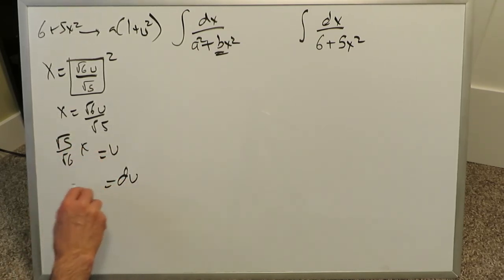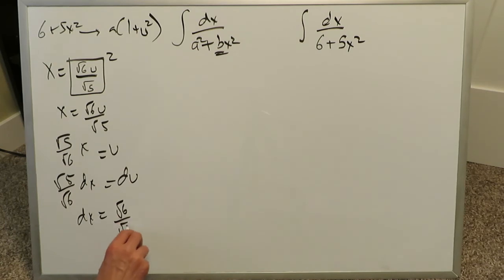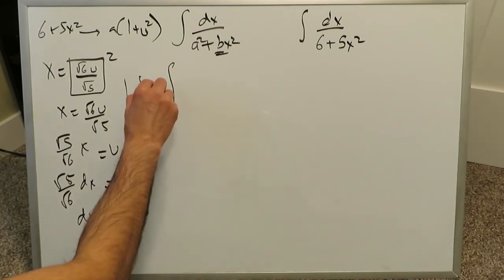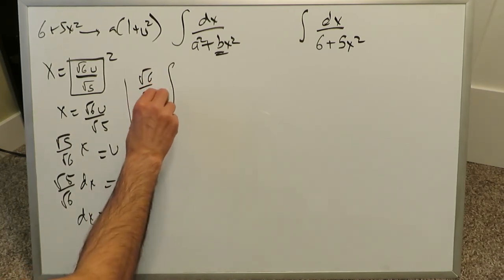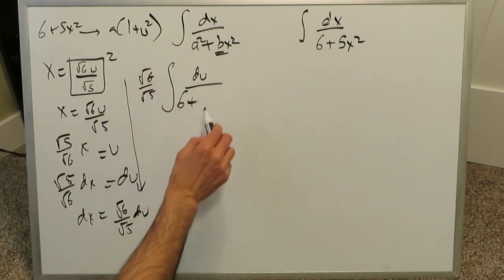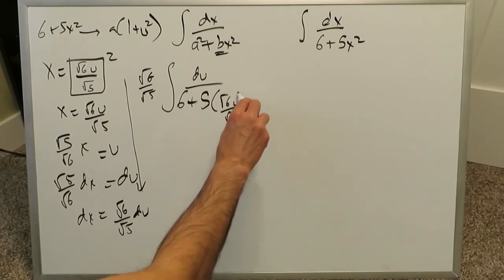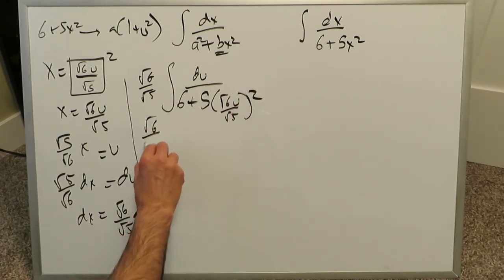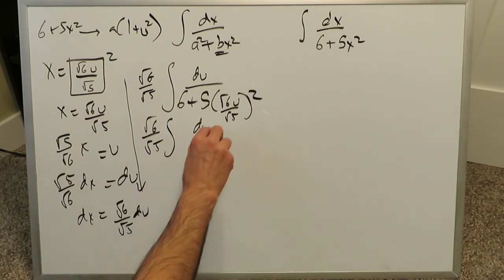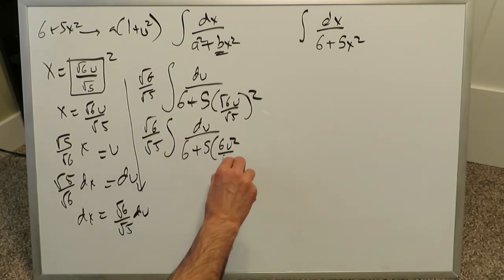Then du is equal to root 5 over root 6 dx, and dx is equal to root 6 divided by root 5 du. You have root 6 divided by root 5, and then you have du over 6 plus 5x squared, which will be root 6 u over root 5 squared. Open things up. Root 5 du over 6 plus 5 times 6u squared over 5.